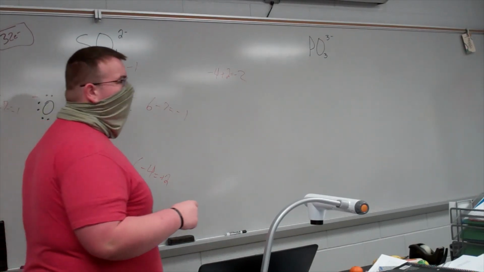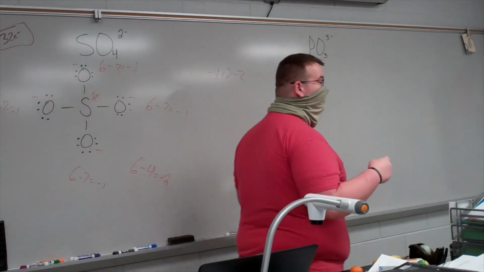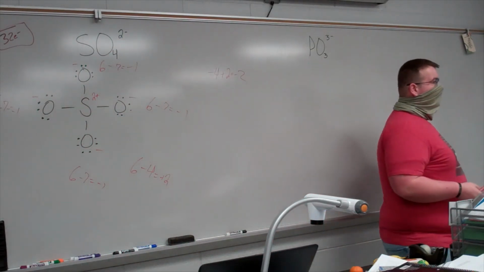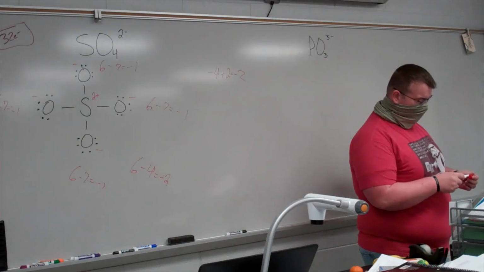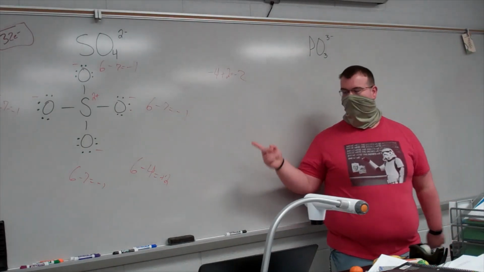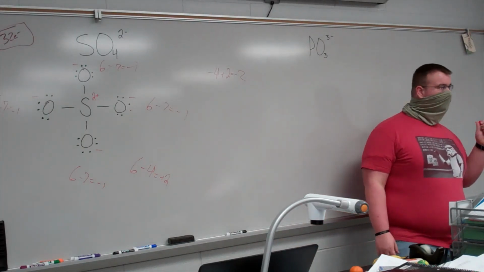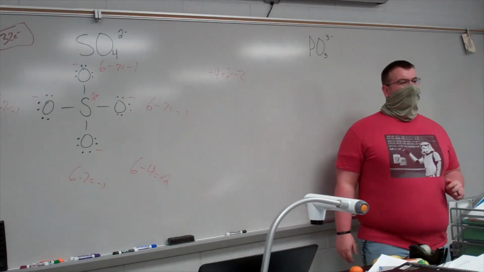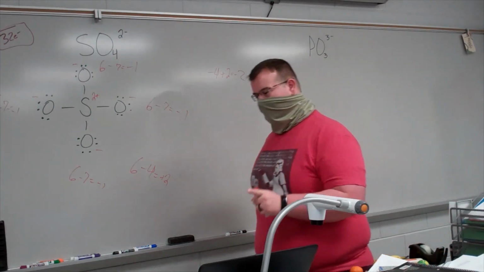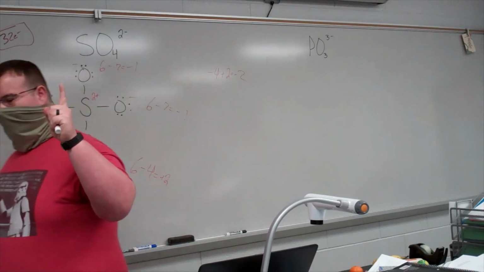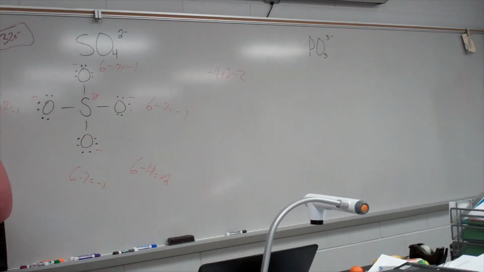This is where life gets a little tricky, and this is the hardest of the hard, because if you gave me that, you are wrong. These molecules like to keep symmetry, and they love to keep as little charge as possible.